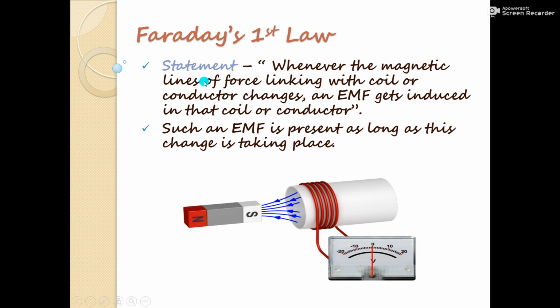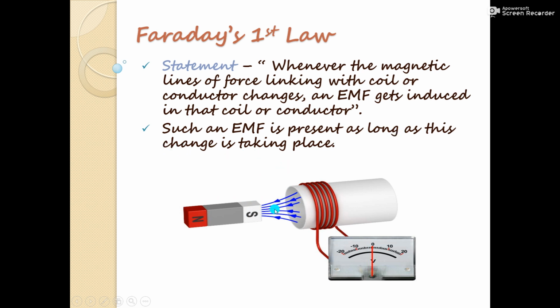Whenever the magnetic lines of force linking with a coil or conductor change, an electromotive force gets induced in that coil or conductor. So the first law of Faraday's law of electromagnetic induction states how the EMF gets induced in the coil or conductor. The EMF is present in the coil because of the change in magnetic lines of force linking with the coil, and it is present as long as this change is taking place.